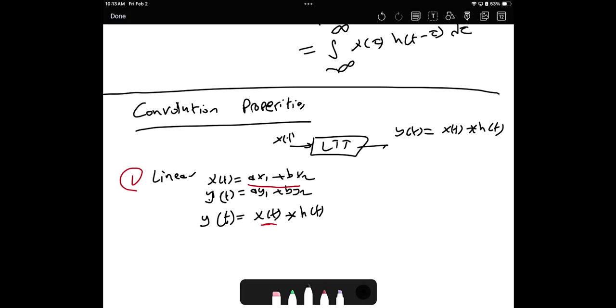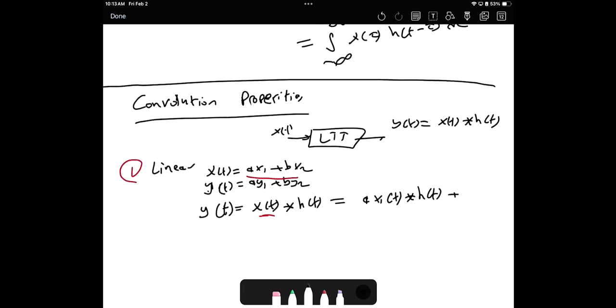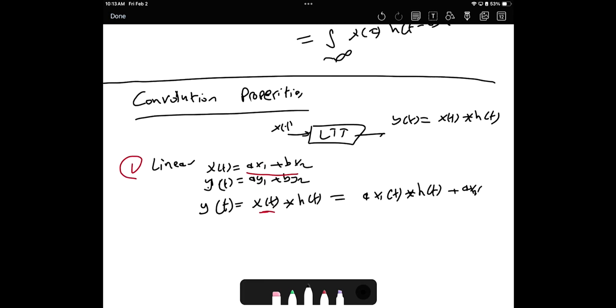This yields to be a x1 of t convolved with h of t plus b x2 of t convolved with h of t. Okay? That's how we do, because it's linear, then we can distribute it.